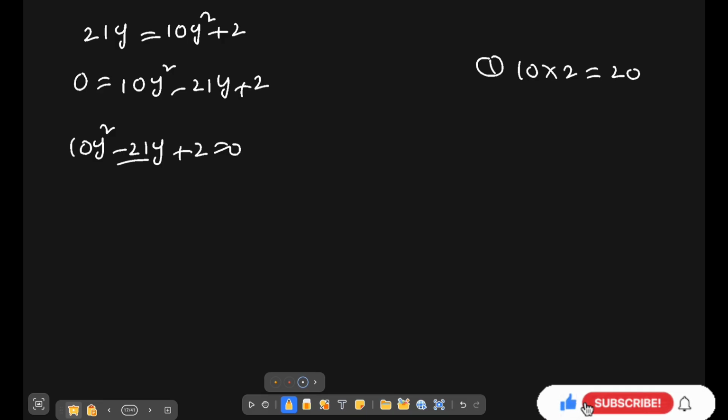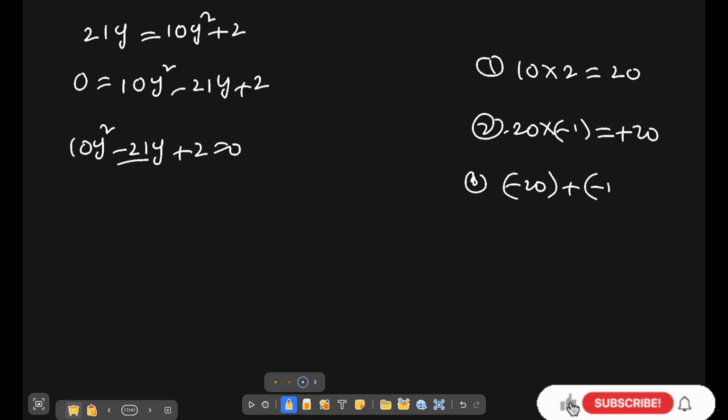So what are the suitable factors? Minus 20 into minus 1 is plus 20. Minus 20 plus minus 1 is equal to minus 21. So minus 20 and minus 1 are the suitable factors.